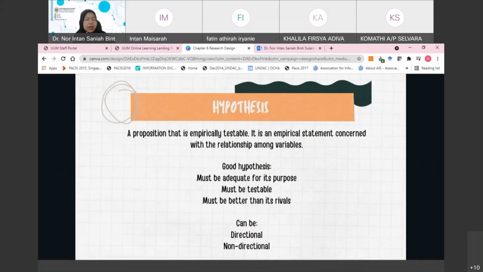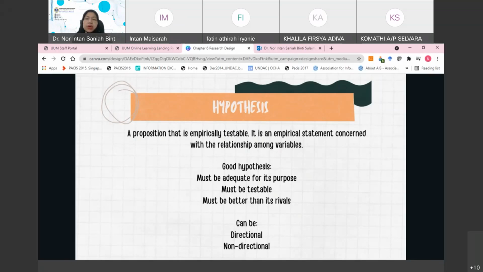Before we end, let's look at what a hypothesis is, as I mentioned just now. It is a proposition, and it must be testable. It is an empirical statement concerned with the relationship between variables or among variables. A good hypothesis must be adequate for its purpose, testable, and better than its rivals.